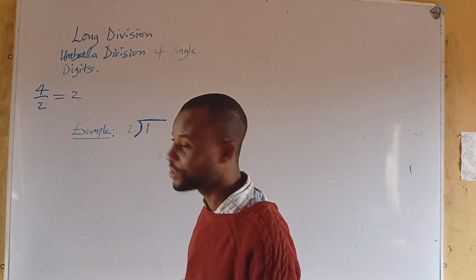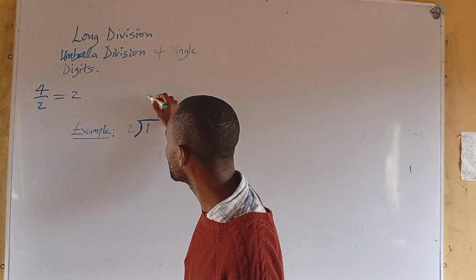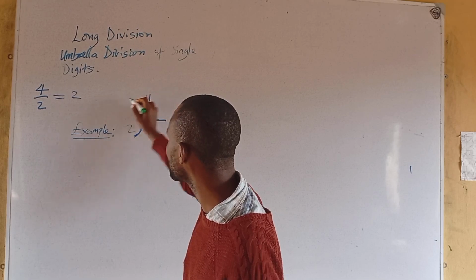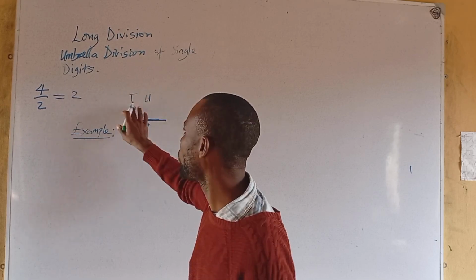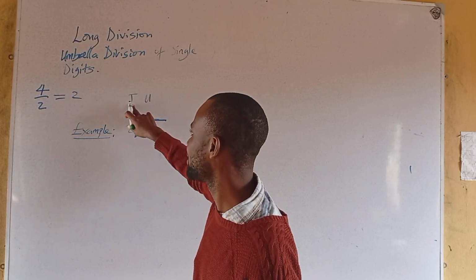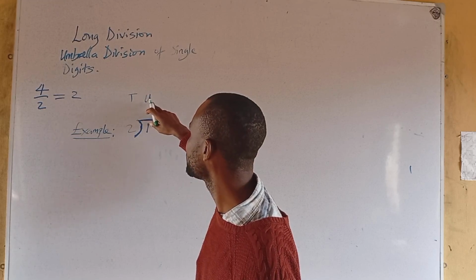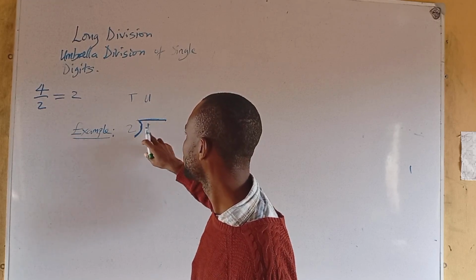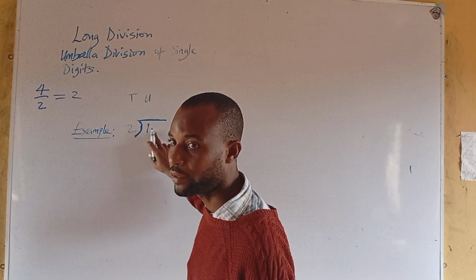There are 0 2s. If you are looking at units, this is the unit. You know your tens, there are exactly 0 tens here. There are 0 units of 2 in 1.